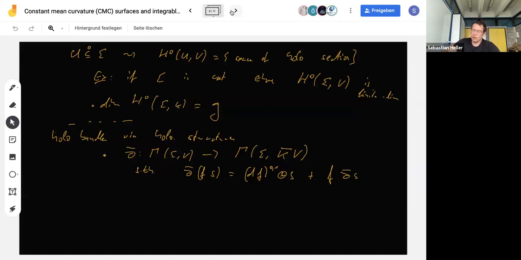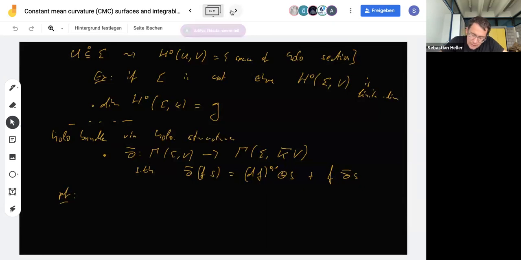So we look for these kinds of operators, and it turns out that every holomorphic bundle automatically has such a holomorphic structure, this kind of elliptic differential operator. And the proof is quite simple.